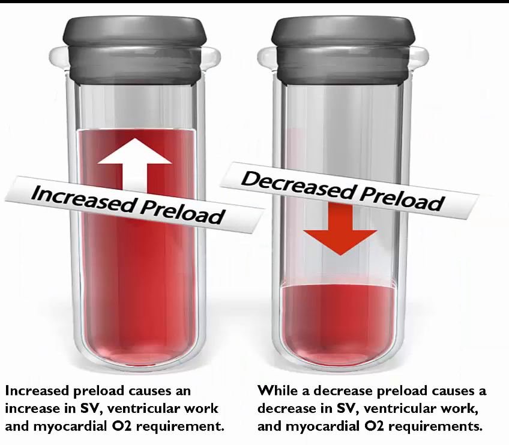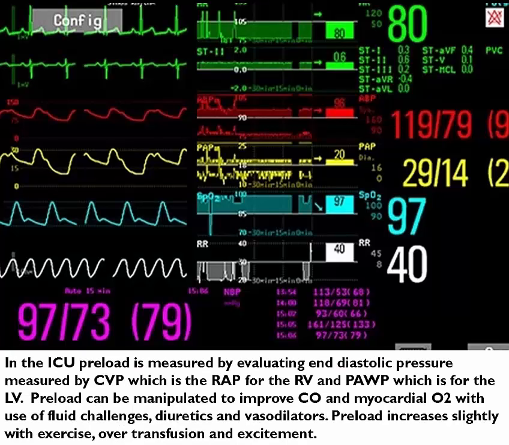Increased preload causes an increase in stroke volume, ventricular work, and myocardial oxygen requirement. While a decreased preload will cause a decrease in stroke volume, ventricular work, and myocardial oxygen requirements. In the ICU, preload is measured by evaluating end diastolic pressure measured by the central venous pressure, which is the right atrial pressure for the right ventricle, and the pulmonary artery wedge pressure, which is for the left ventricle.